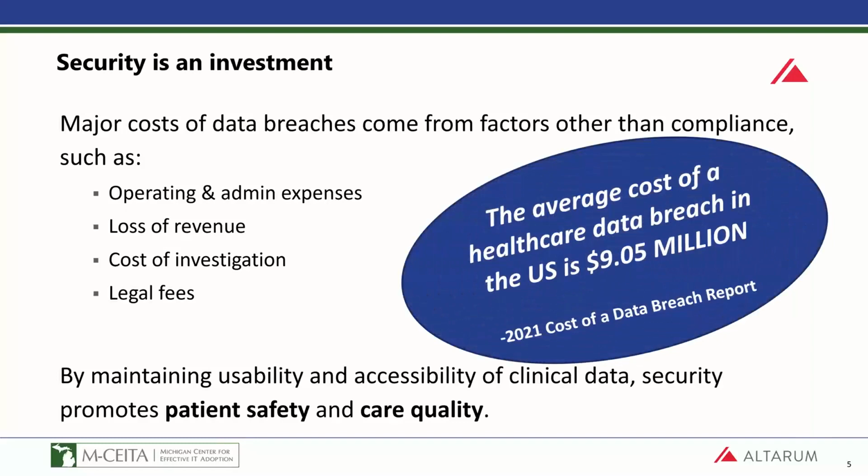A recent study found that the average cost of a healthcare data breach in the United States to be over $9 million. By maintaining usability and accessibility of clinical data, security protects your bottom line and also promotes patient safety and care quality.